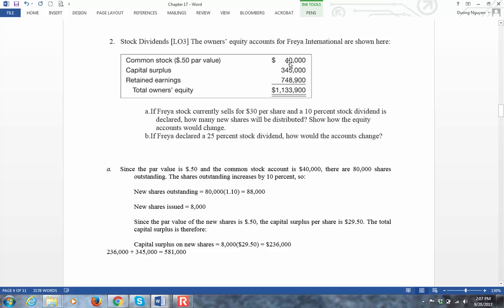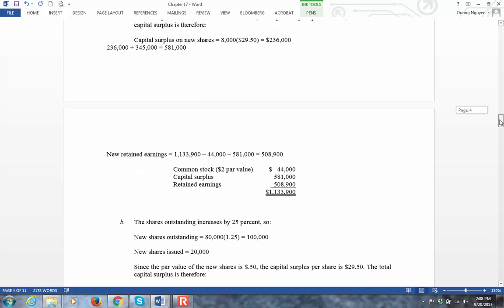Before, the common stock value was 40,000, but you are adding 4,000. You are adding 8,000 more shares with a par value of 50 cents per share, so the new par value is 50% times 8,000, which is 4,000.